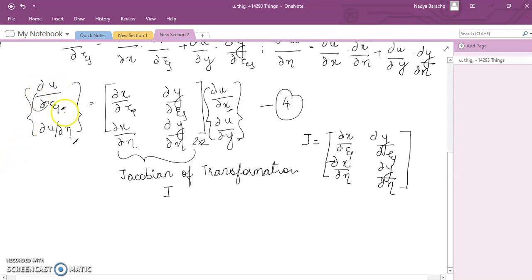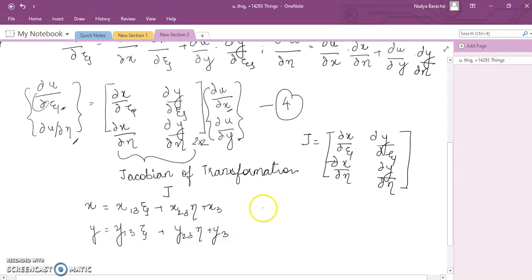Previously we also derived x in terms of zeta and eta, and I'm rewriting that equation here. Those were equations A and B, and y equals y13 zeta plus y23 eta plus y3. Now dou x by dou zeta, if I differentiate this equation with respect to zeta, I will get x13.